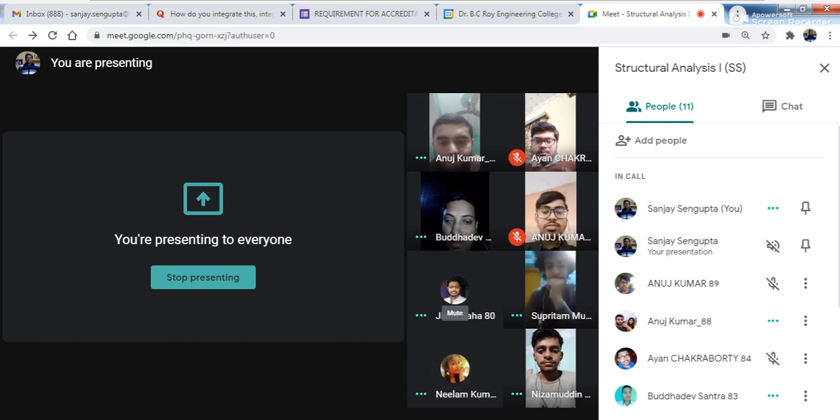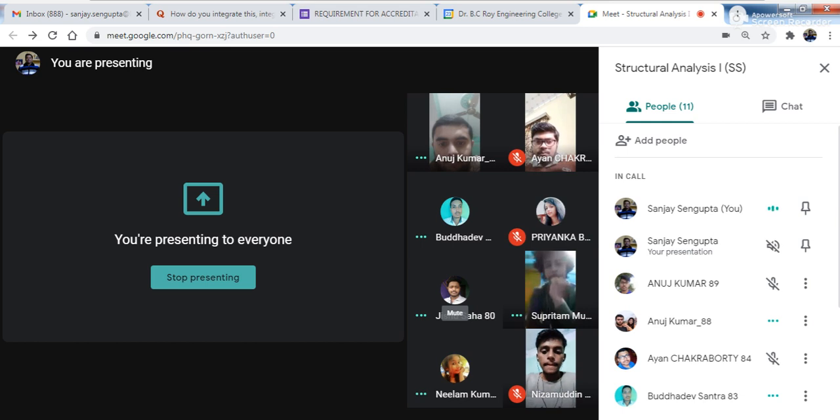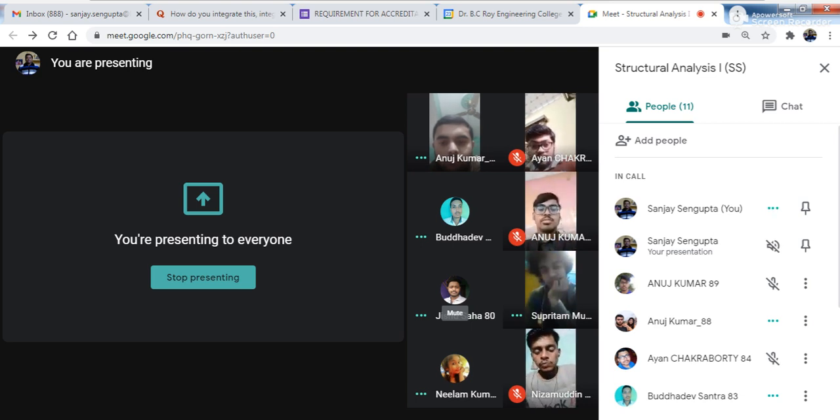Yes, sir. Let's say this is a beam. Suppose I am holding it over here, so it is becoming a cantilever, right? Now you understand what is a cantilever? Yes, sir.